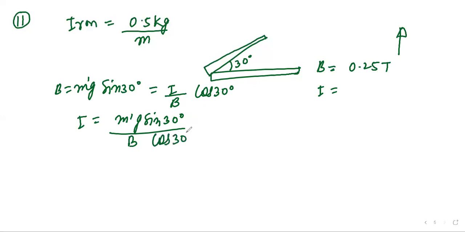So it has become m dash g sine theta over B cos theta, and we have to find I. So put the value of B.